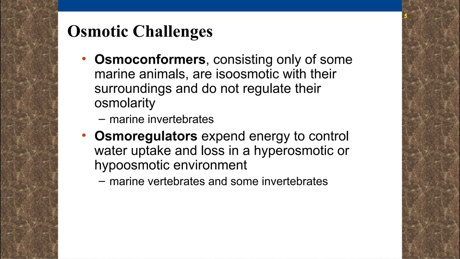These are also called osmoconformers, consisting only of some marine animals which are isoosmotic with their surroundings, which do not regulate their osmolality. For example, many marine invertebrates living in the water do not lose the osmotic balance, even though the external water has a lot of salt.